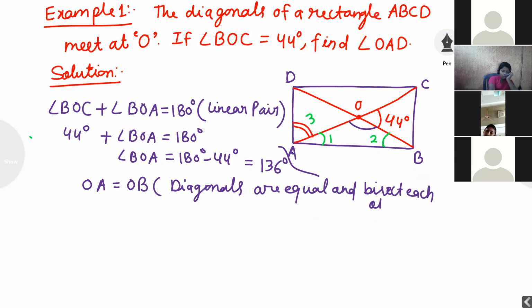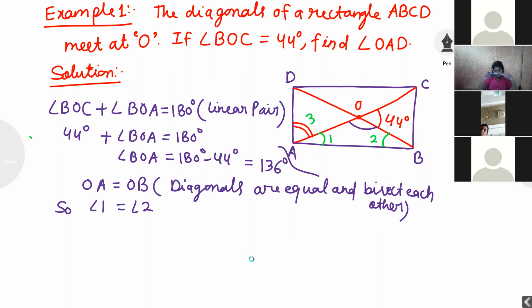If diagonals are equal and bisecting each other, then the segments of the diagonals will be equal. Then if the segments are equal, I can say that the adjacent angles will be equal. So angle 1 is equal to angle 2. If the lengths are equal, then the angles also will be equal.